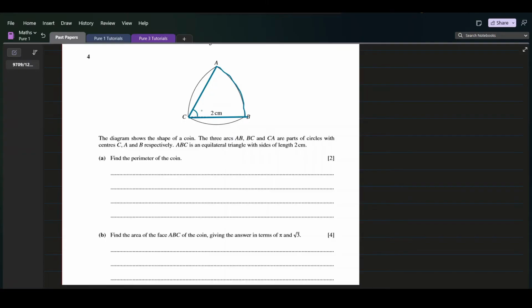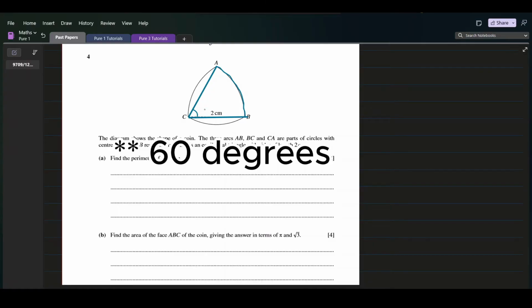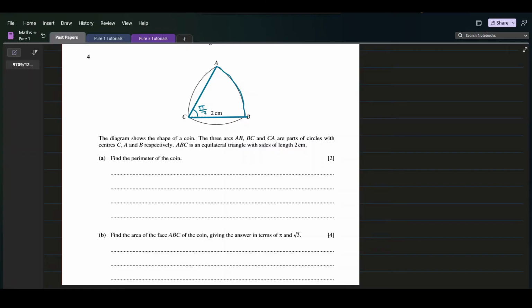So this would mean that this angle would be 120 degrees, or in other words, pi over 3 radians. We'll come back to that.